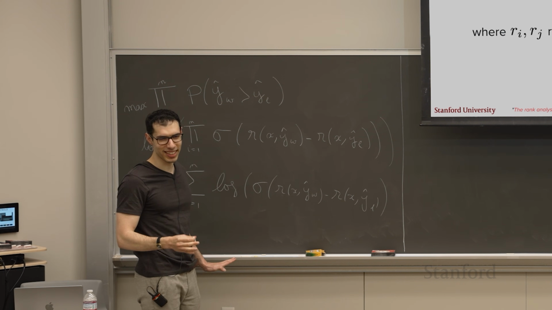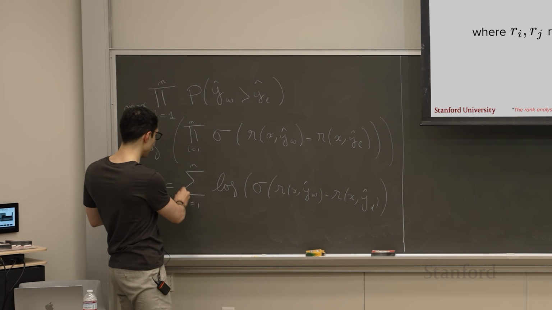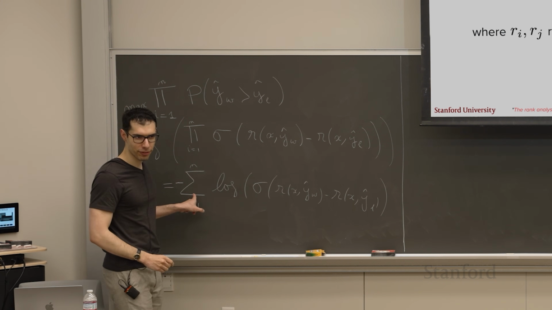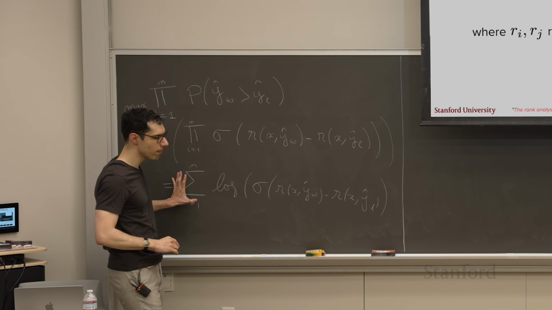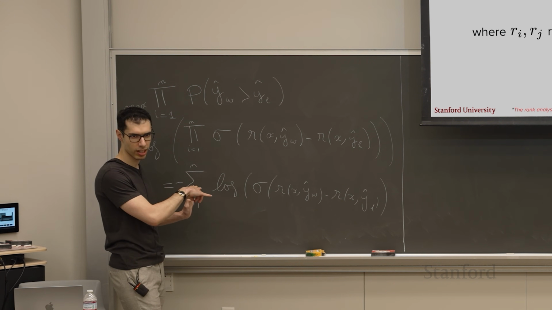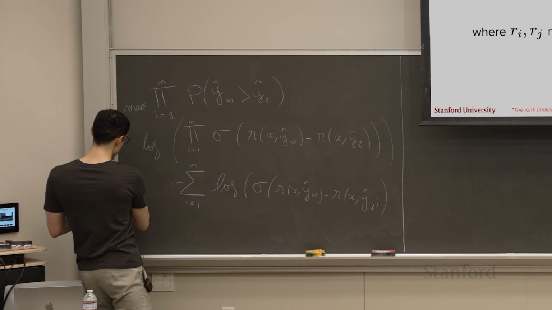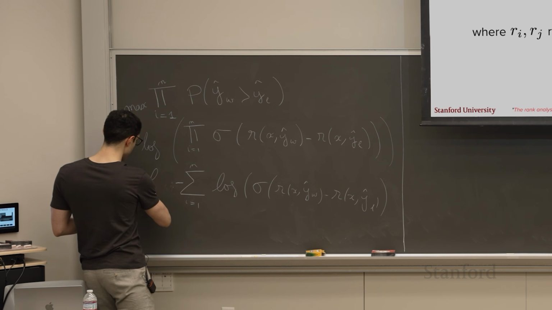But people in ML like to minimize things, so we're going to have a negative in front. Maximizing plus the sum of the log is the same as minimizing minus the sum of the log. And so this will be our loss function.